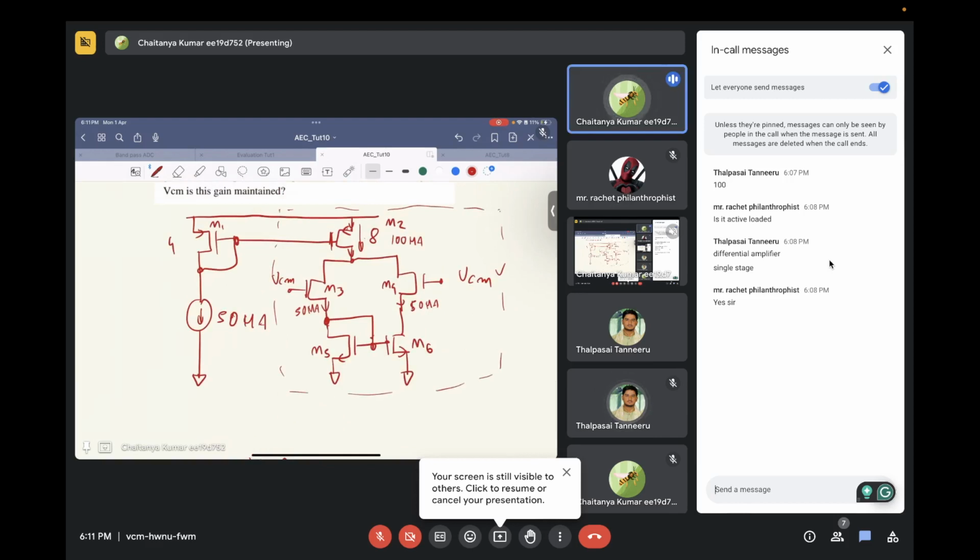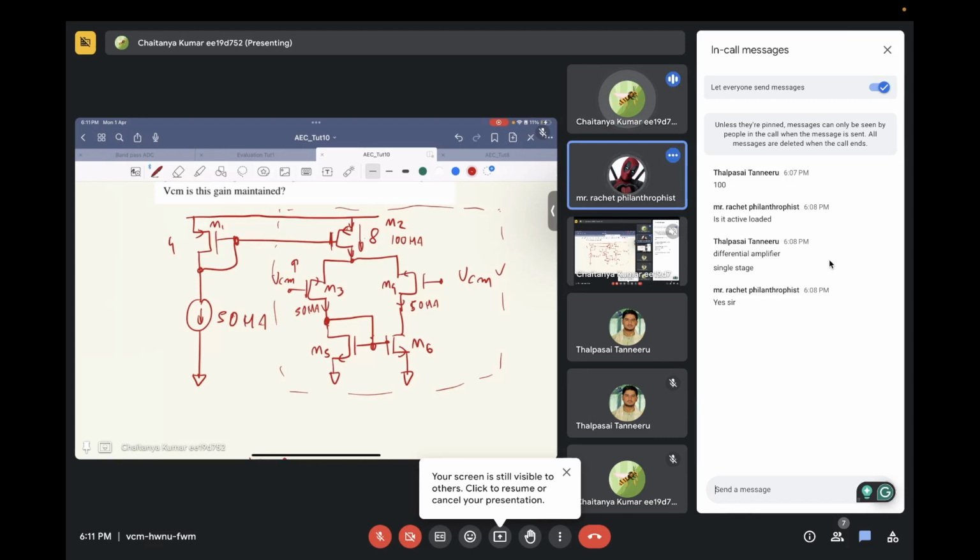So let's say I give a small signal positive voltage on the gate of transistor M3. What will happen? The current will increase. Are you sure? No, it will decrease because it's PMOS.